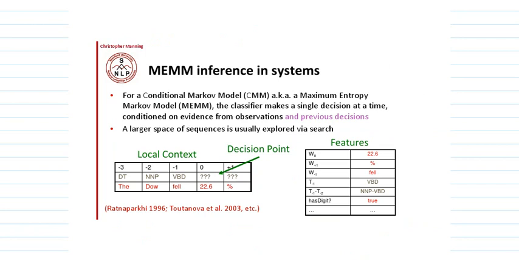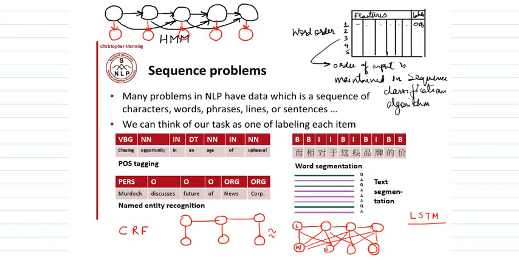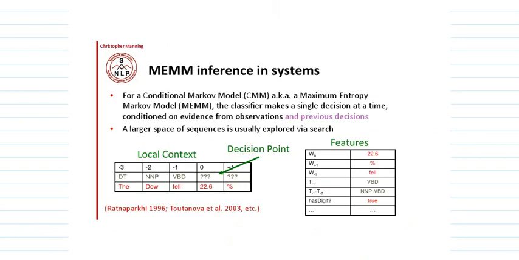So what is the simplest kind of sequence classification algorithm? The simplest kind can be a conditional Markov model or a maximum entropy Markov model. It's simpler than a hidden Markov model or a conditional random field model.